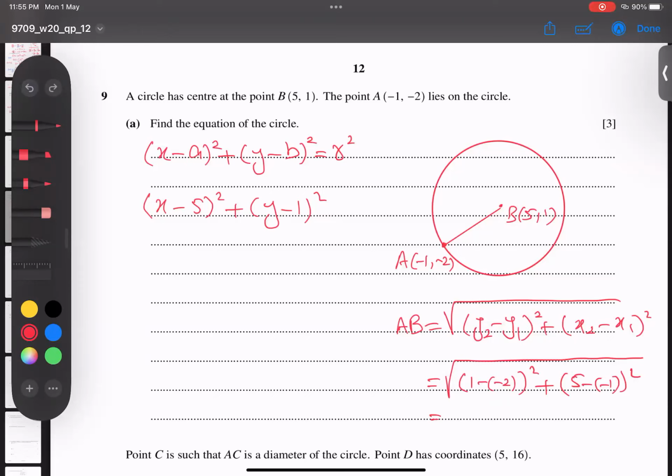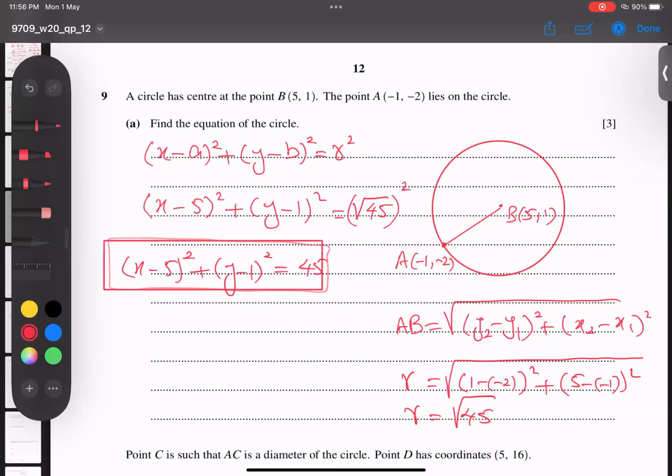And 36 plus 9, I'm getting 45, so root 45. When I keep this value in place as the radius, what happens, students? Root of 45 and whole over 2. So the root and square cancel, and this is our final answer.